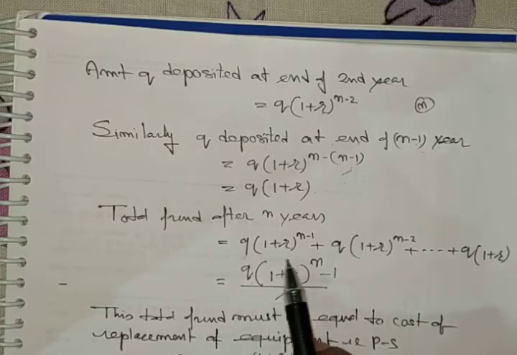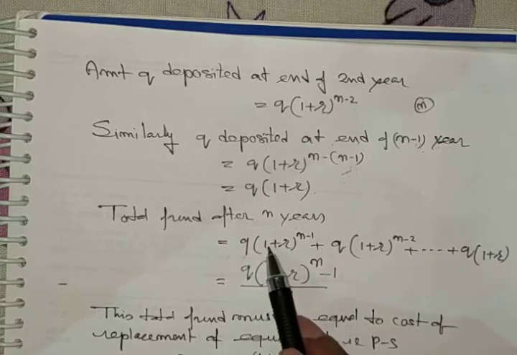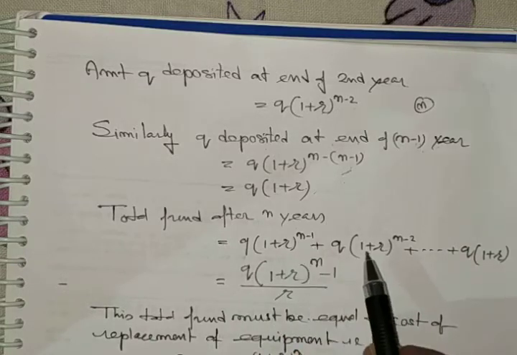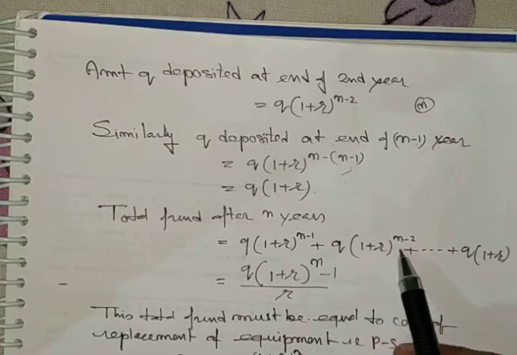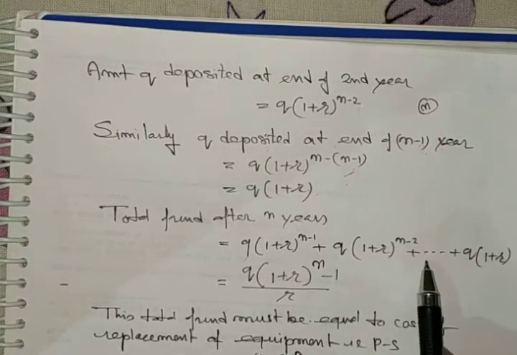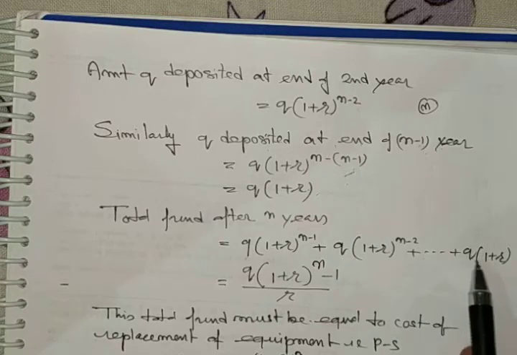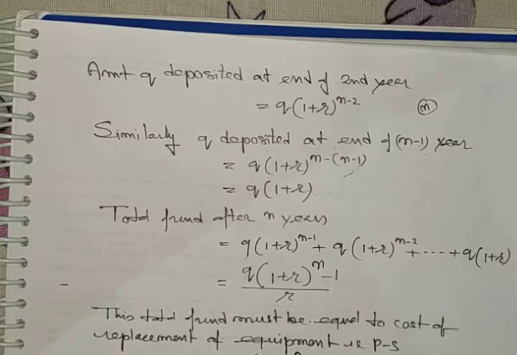After summation, you will get Q into 1 plus R to the power n minus 1, plus Q into 1 plus R to the power n minus 2, plus and so on up to Q into 1 plus R.